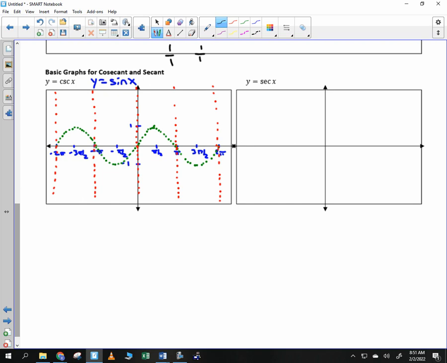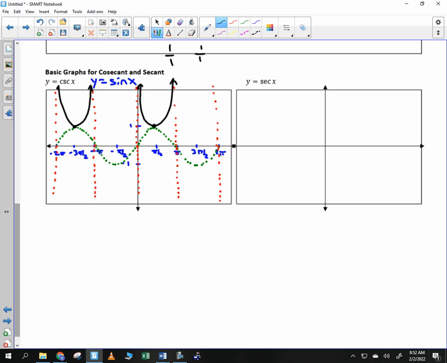What's the reciprocal of 1? 1. So cosecant and sine have the same value there. So then it heads up towards these asymptotes. That's part of the graph of cosecant. You see this spot right here. It's right at the top. We've got a dot there, and then it goes up.